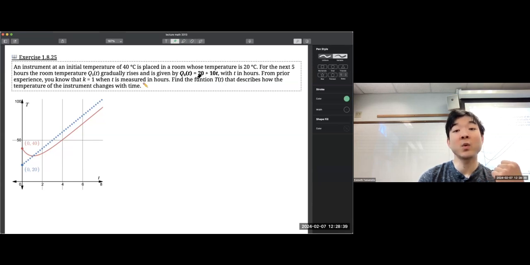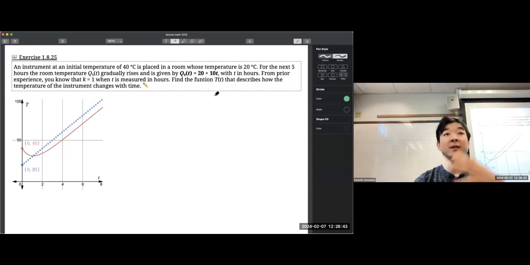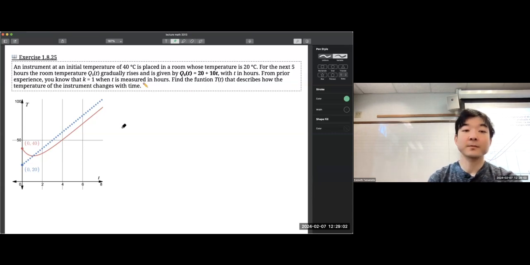It'll be modeled by 20 plus 10T, 20 being the initial temperature, plus 10T to reflect the fact that it's being increased by 10 degrees every hour. Let's just save ourselves the trouble of finding K. So I'll just say from prior experience, you've done some measurement and figured out that K is actually equal to 1. Find the function capital T that describes how the temperature of the instrument changes with time.